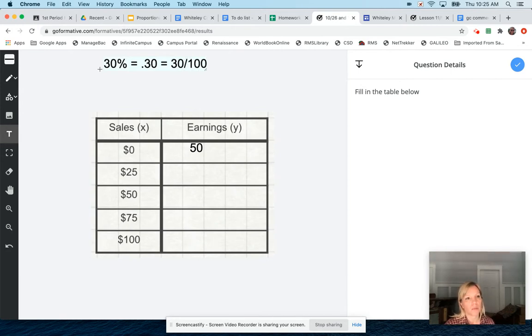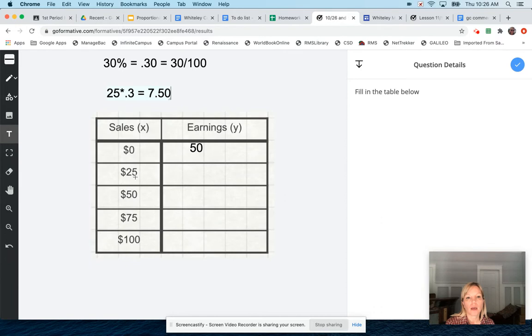It means 30 per every 100. And so as decimal form, that would be 0.3. So I would multiply 25 bucks times 0.3, which is equal to $7.50. You can use calculators on this unit.